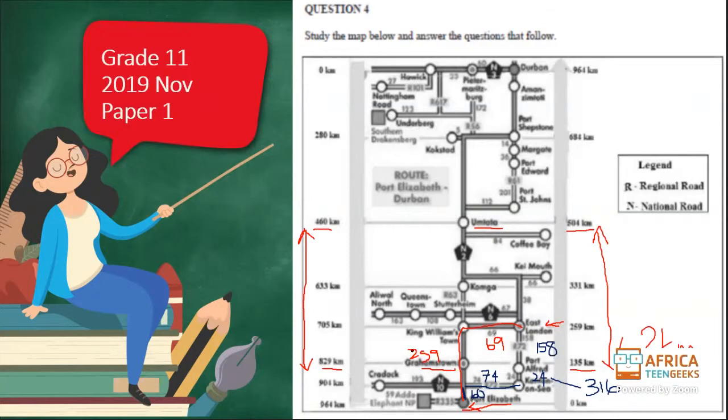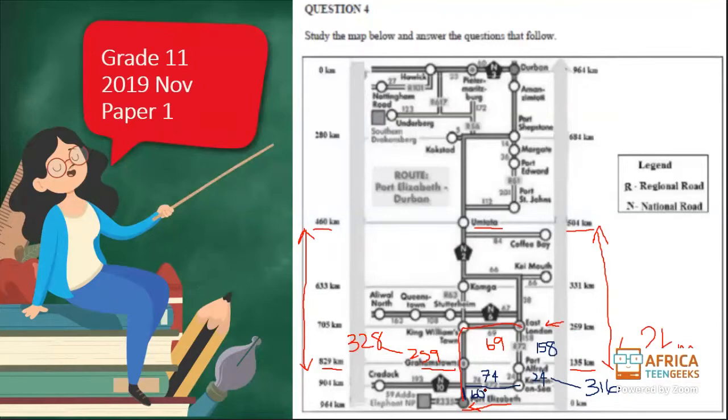Via this pathway, the red pathway, it will be 328. So these are the only two answers I'm accepting. The 328 is via King Williamstown, and the 316 is via Port Alfred. Those are the two answers I'm accepting for this one.